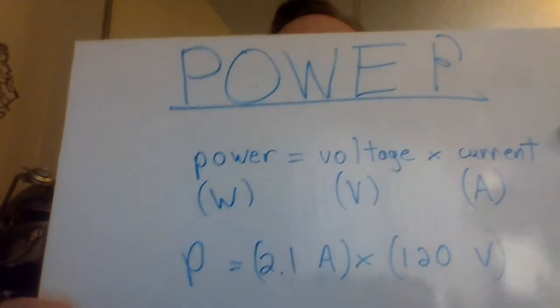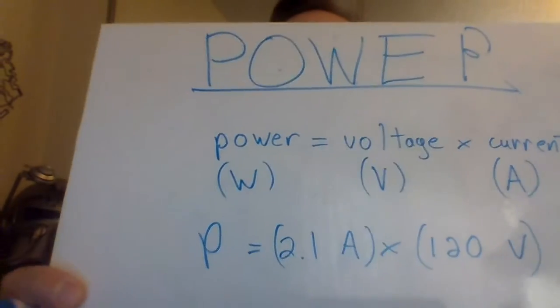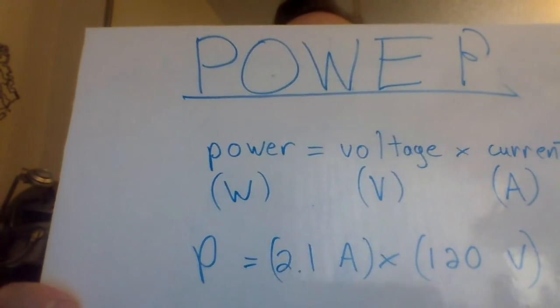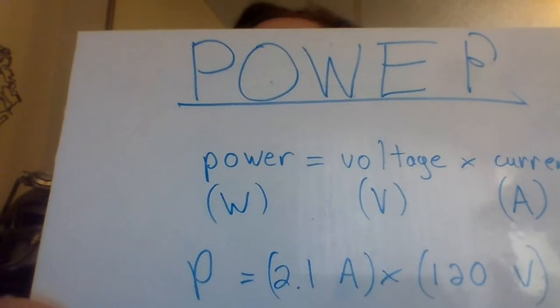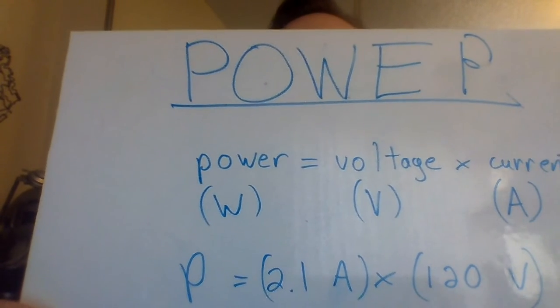If we are talking about the volts and amps, we need to make sure that we pay attention to how much is going in versus how much is going out, and so on. We'll want to take a look at our devices carefully when we get around to that, and we'll have some resources for doing so. But in this case, our power would just be equal to 2.1 times 120. We'll go ahead and calculate that out.